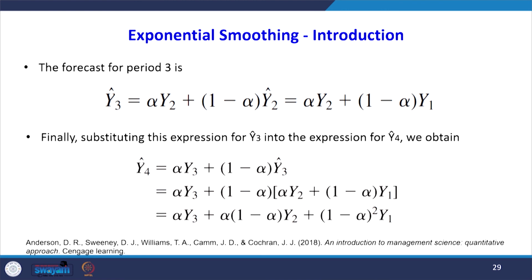Finally, substituting this expression for y3 hat into the expression for y4 hat, we obtain alpha into y3 plus 1 minus alpha multiplied by y3 hat. When you substitute the value for y3 hat, it becomes alpha into y2 plus 1 minus alpha into y1. When you simplify this, you will get alpha y3 plus alpha into 1 minus alpha into y2 plus 1 minus alpha whole square into y1.